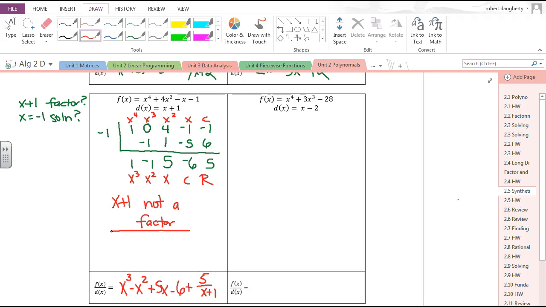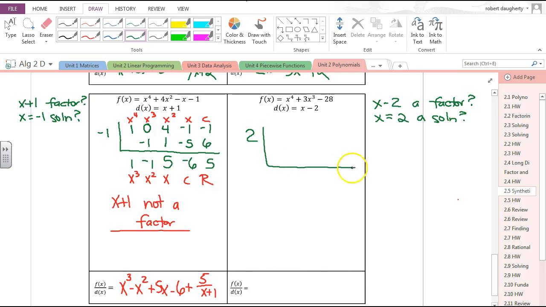So in the next one, when I set this up, what goes outside the synthetic division? What number? 2. Okay. So what I'm testing here is, is x minus 2 a factor? Or is x equal 2 a solution? That's what I'm testing. So I write a 2 here. And then I write all the numbers that correspond.